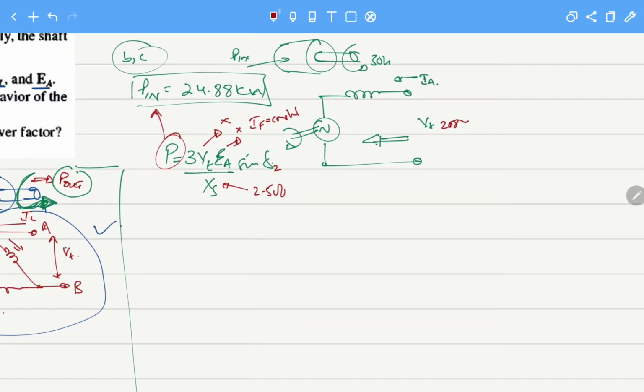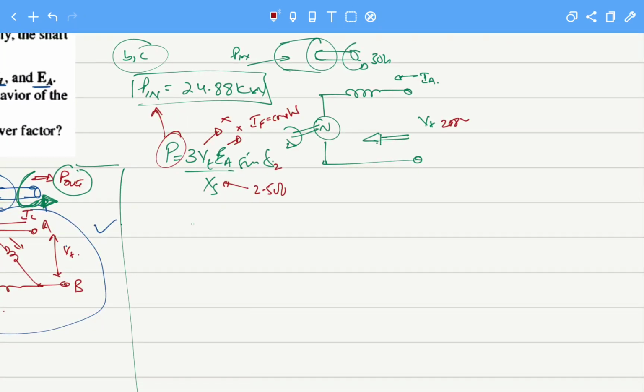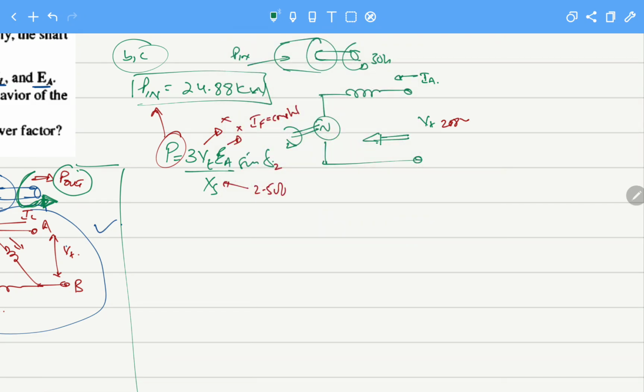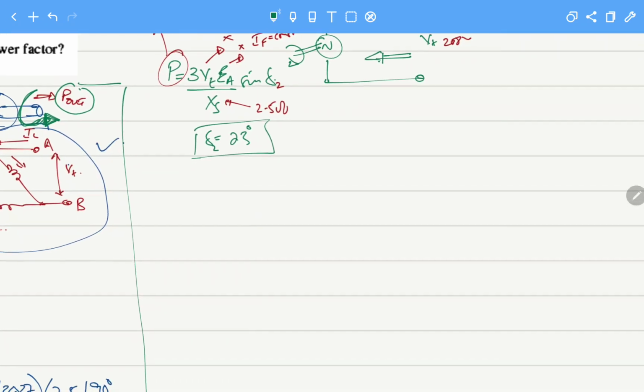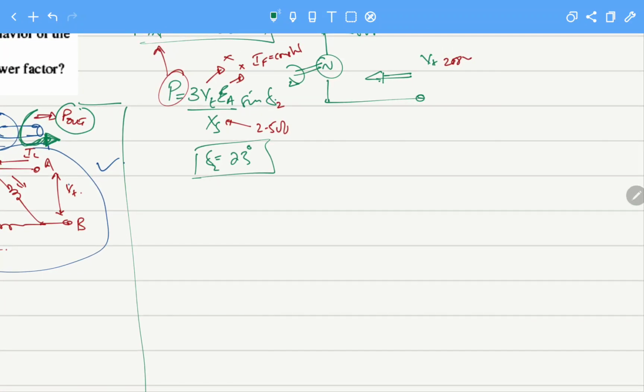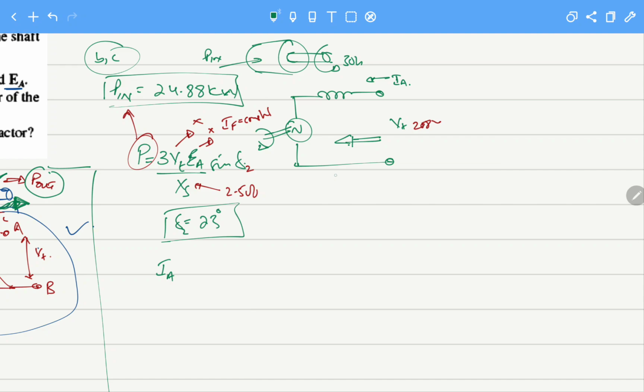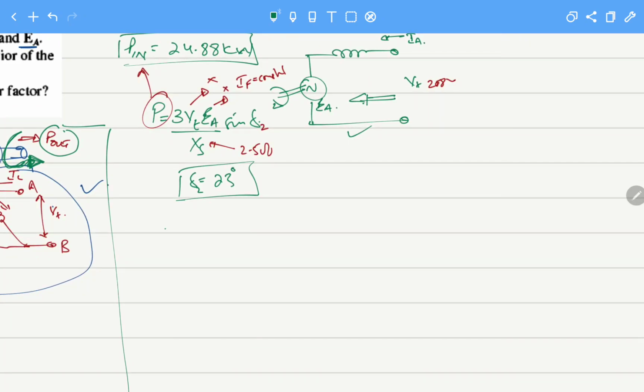So if we solve this equation, delta 2 becomes 23 degrees. Now as delta 2 has become 23 degrees, we can calculate our current IA from here, using the same strategy as previously.